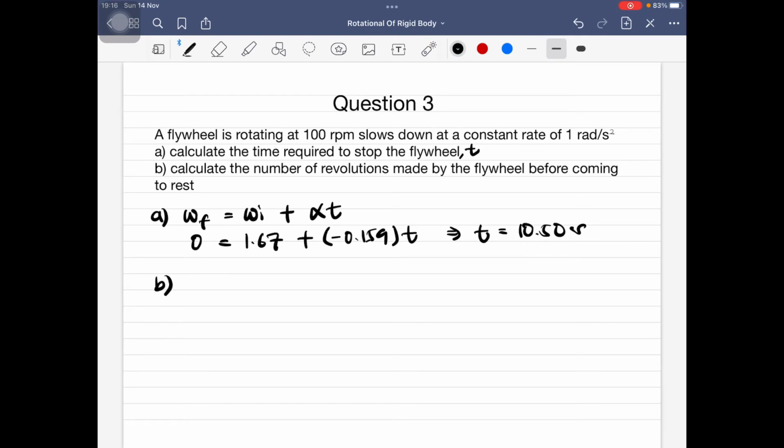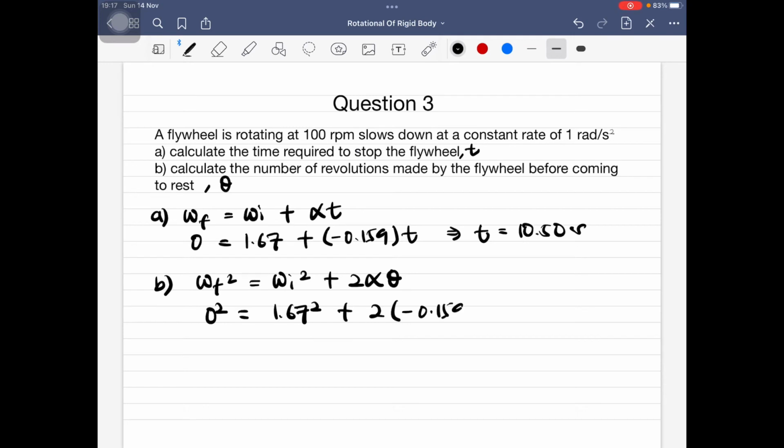Next will be question B. Calculate the number of revolution made by the flywheel before coming to rest. So the question asks about theta. To find theta, I'm going to use the second equation, which is omega final square is equal to omega initial square plus 2 alpha theta. Theta is the number of revolution, and your alpha just now is negative 0.159.